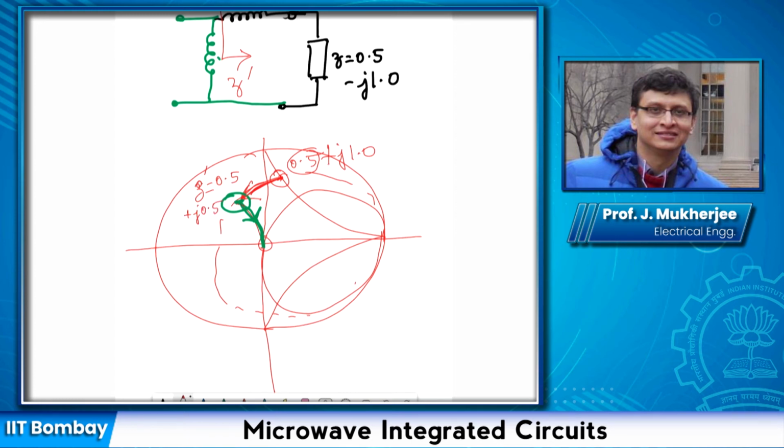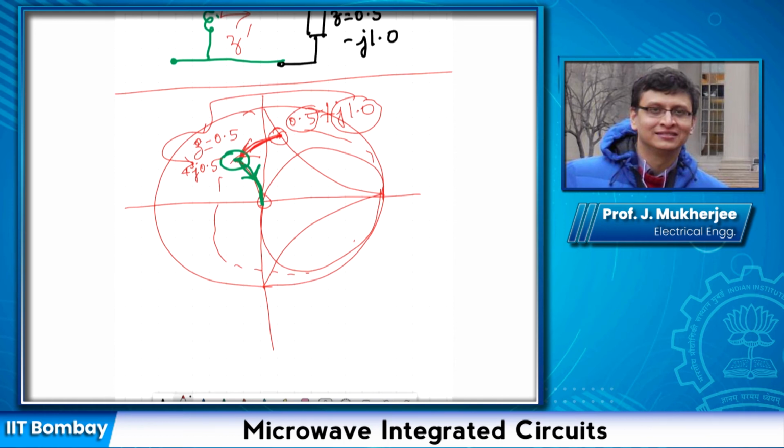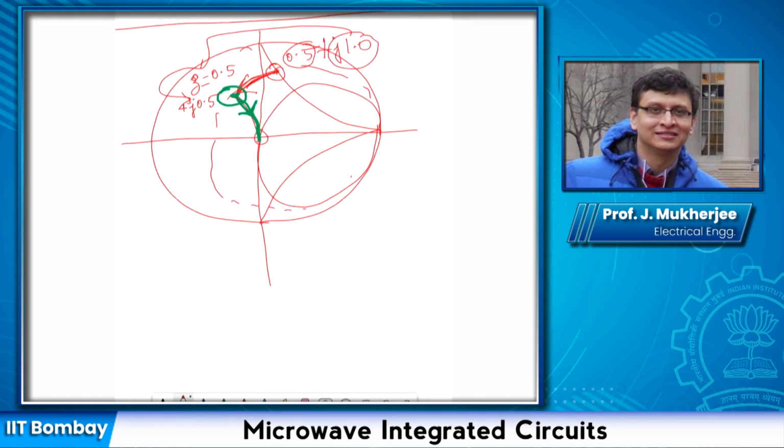Okay, so what I have done is I have added a negative reactance so that this value becomes this value. Negative reactance means a capacitor.